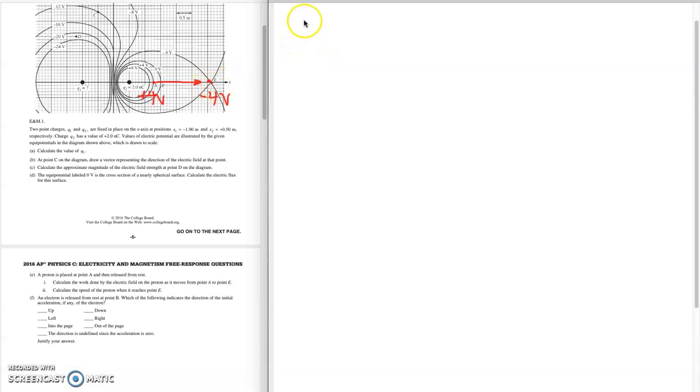So for part E, part 1, the work is going to be the same thing as change in energy except with a minus sign. So we're going to have minus q change in voltage. Now it's going to be losing voltage, and that's where this minus sign comes in. So we're going to have the charge on the proton, which is 1.6 times 10 to the minus 19th.